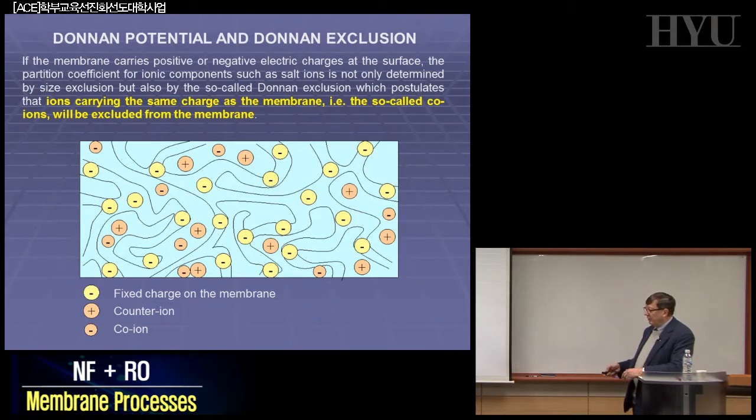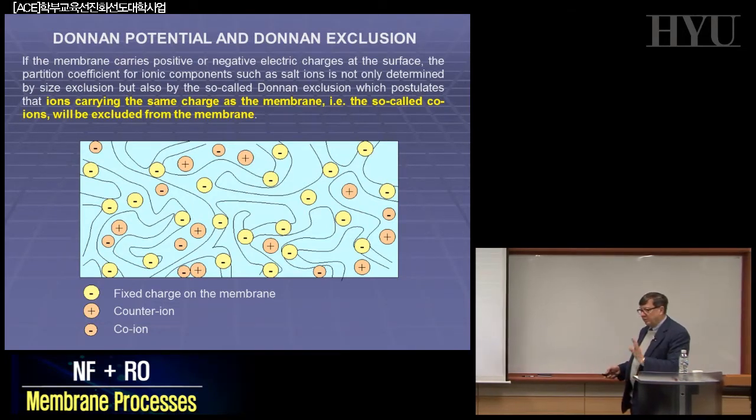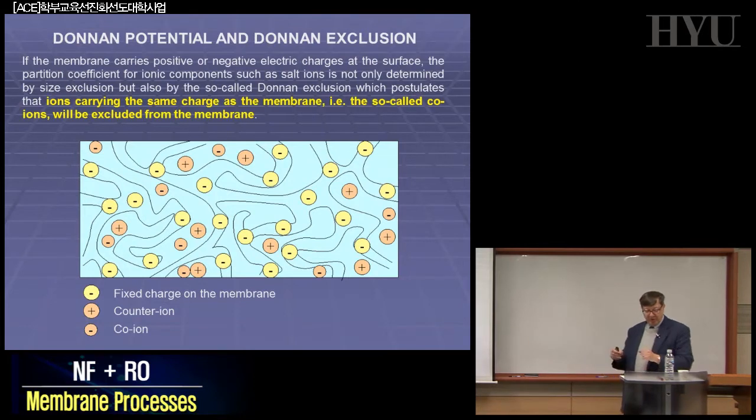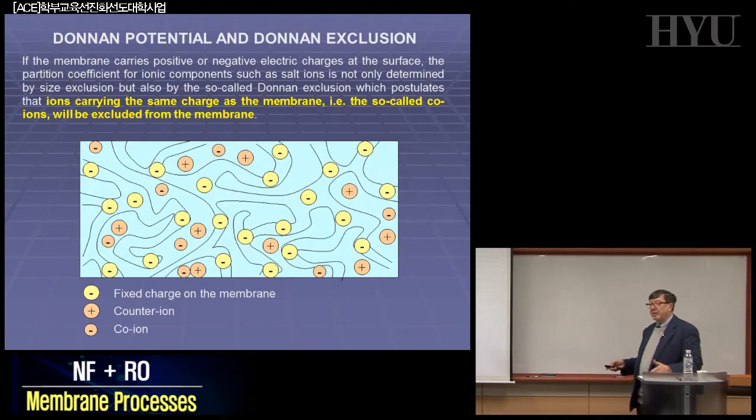So if something is trying to enter, we violate the electroneutrality and something is going to happen. What is happening is that we create a Donnan potential, a difference in electrostatic potential that will exclude, will move out ions having the same charge as the fixed ions in the matrix.